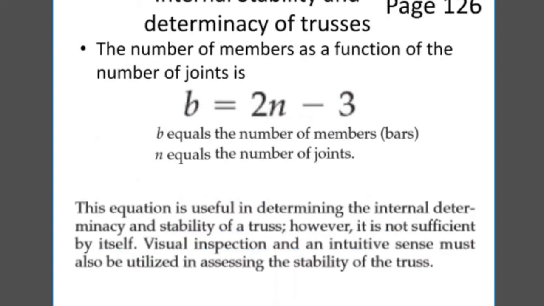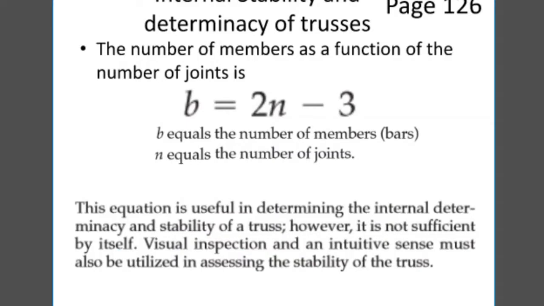Furthermore, on page 126, the internal stability and determinacy of trusses. The number of members as a function of the number of joints is b equals 2n minus 3, where b equals the number of members or bars, and n equals the number of joints.